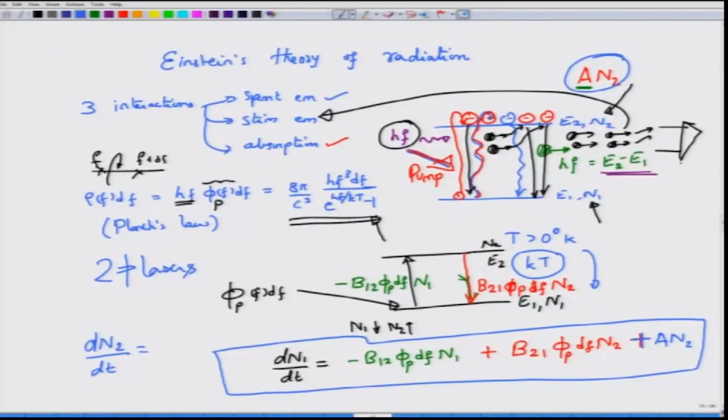So, you need at least 3 levels, but most materials are 4 levels, but in some approximation one can think of them as 3 levels. In fact, the helium neon laser which operates at 632.8 nanometer, or the Nd:YAG laser which operates at 1064 nanometers, both these are 4 level lasers.